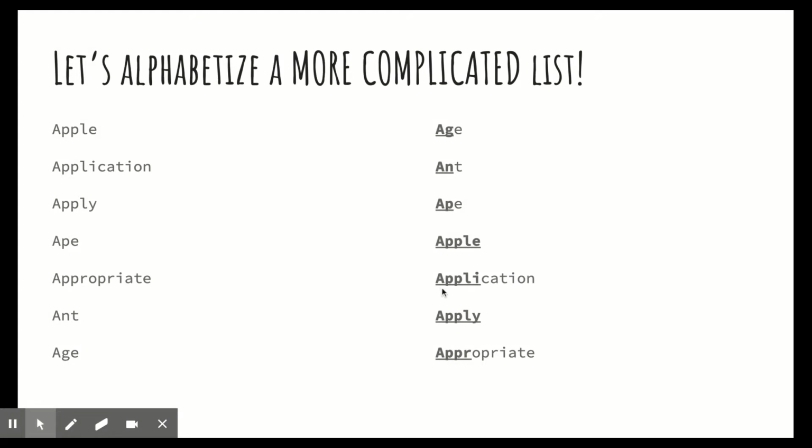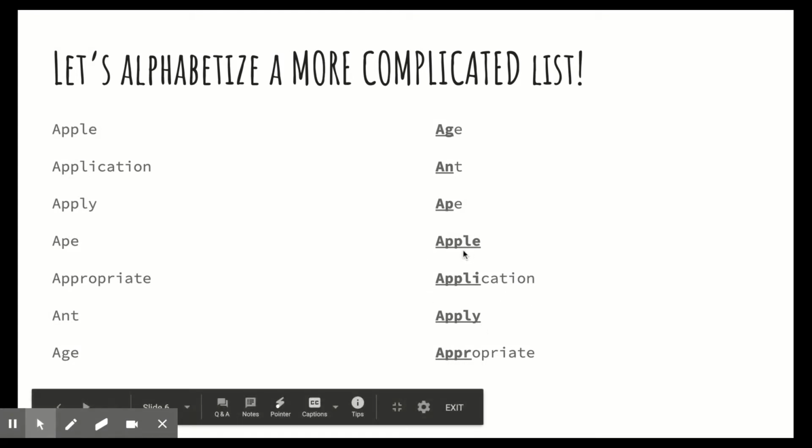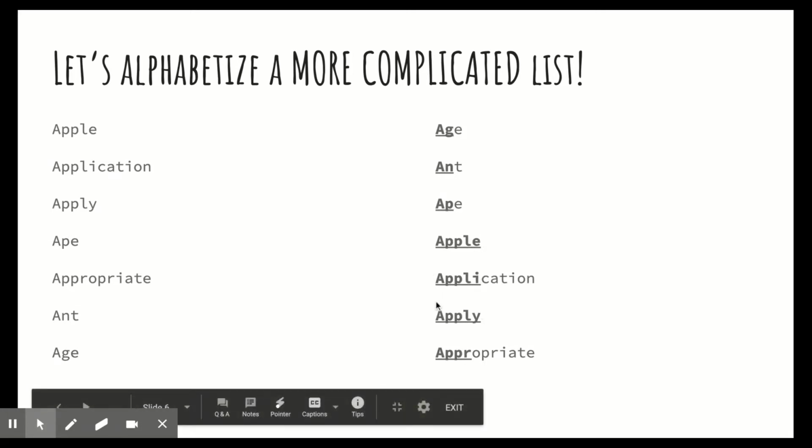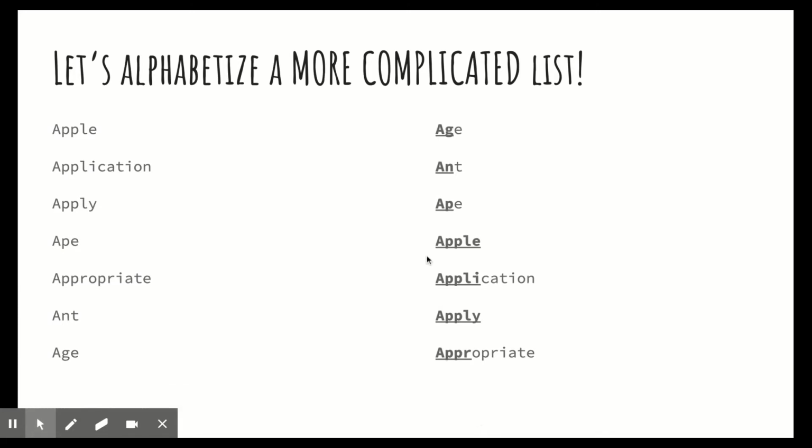Apple, application, and apply have the same first four letters, which is APPL. So we're looking at the fifth letter now, which is E in apple, I in application, and Y in apply.